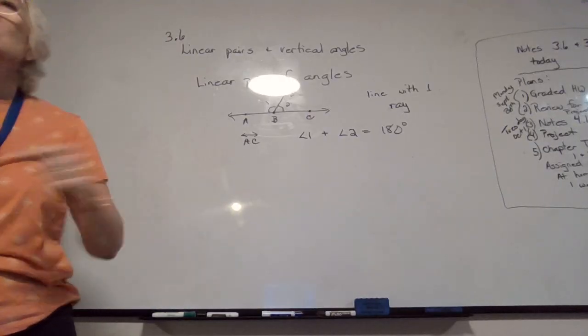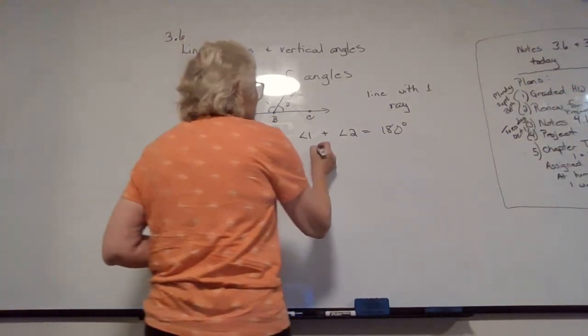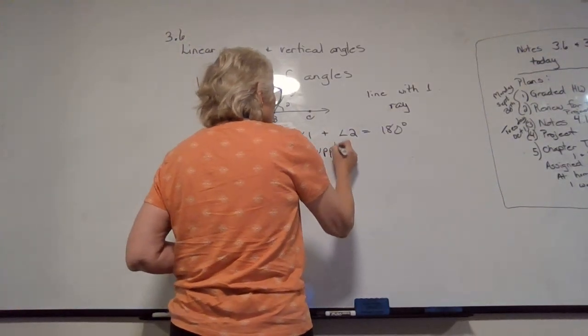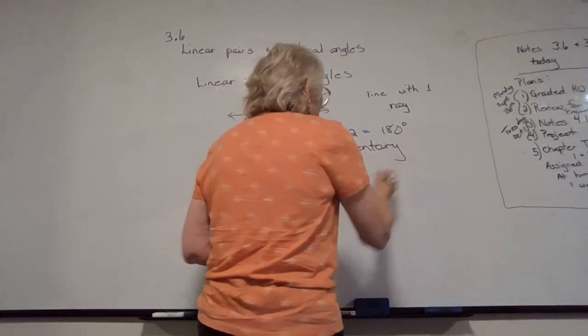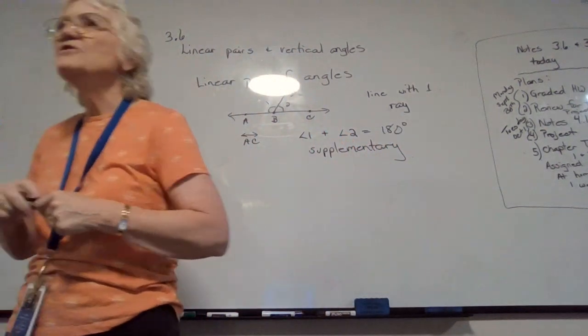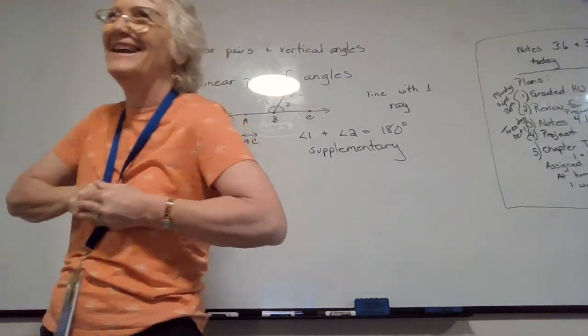Okay. What are those two angles called if they add up to 180 degrees? We talked about this yesterday. Yes? Supplementary. That's right. Correct. They are supplementary. Supplementary is how I usually say it, but if you're doing it phonetically, that is correct what you just said.